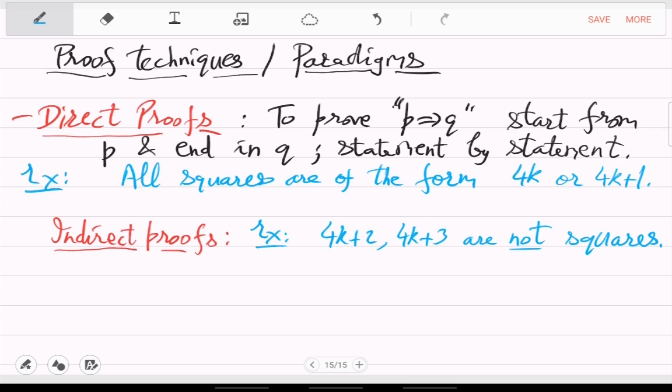So your choice of the proof method is very important, because otherwise a proof may not even exist if you start with a bad technique. Okay. So what are the indirect proofs? First is contrapositive proof.